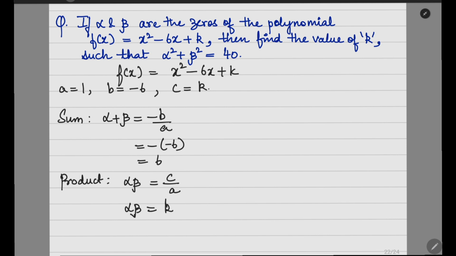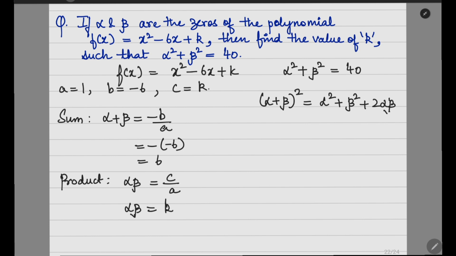Right? Now let's write what is given. You are given alpha square plus beta square equal to 40. You must be knowing an identity: alpha plus beta, the whole square, equals alpha square plus beta square plus 2 alpha beta.